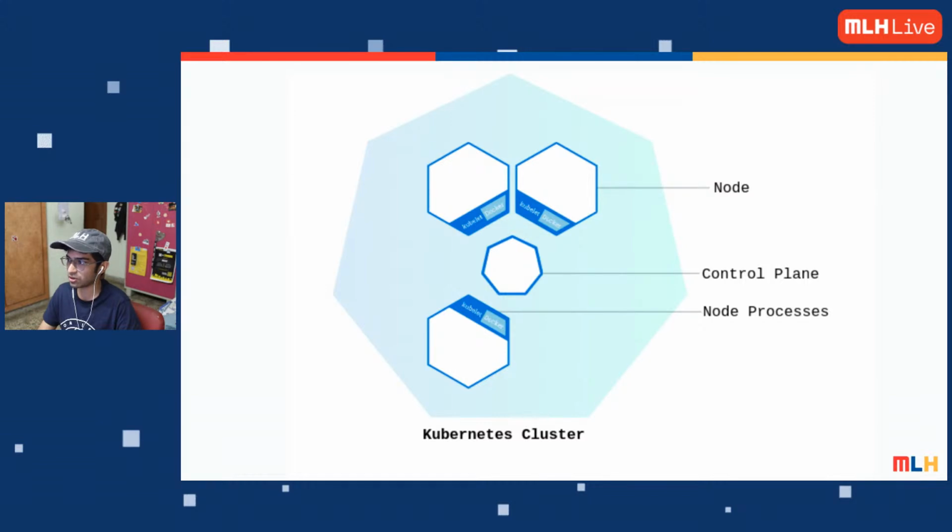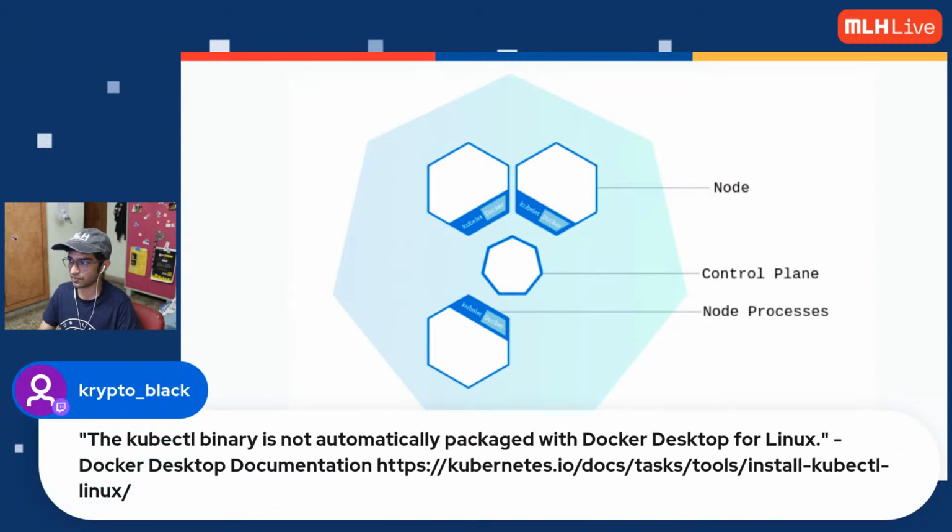The kubectl binary is not automatically packaged with Docker Desktop for Linux. Oh, that's interesting. Then if you're on Linux, it should be a single line to install kubectl. That is fine. You should be good then. It's not packaged. Interesting. That's a nice observation, Crypto.